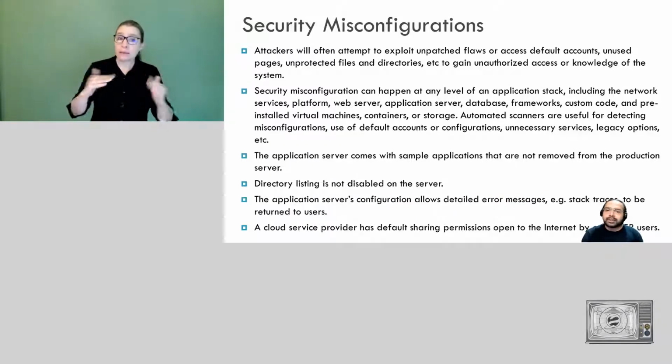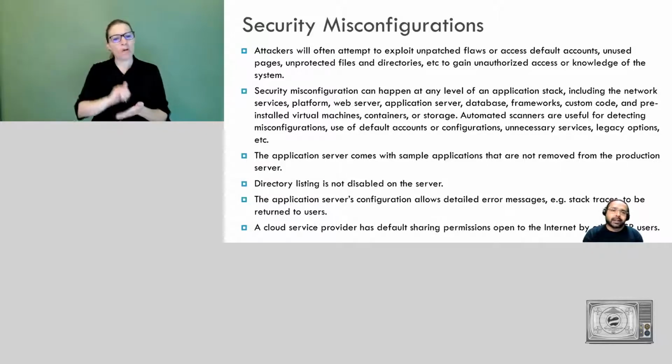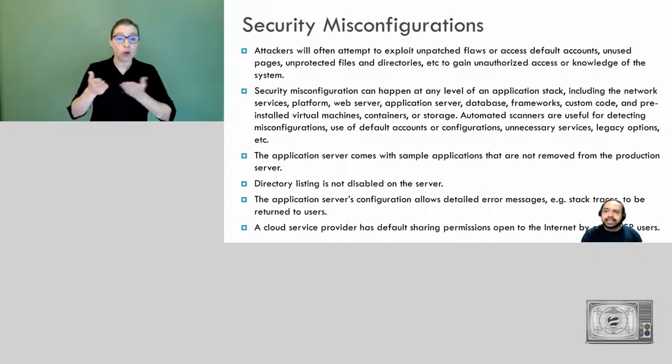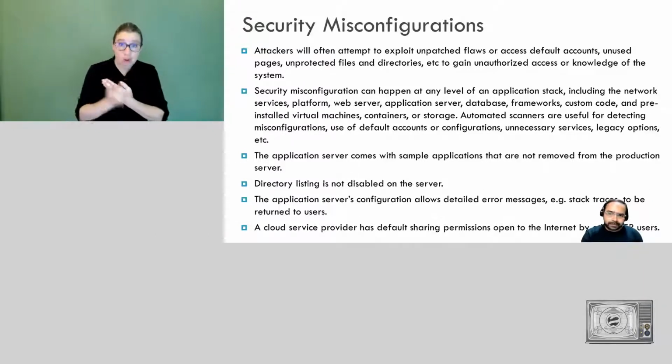The next is security misconfiguration. So this is very interesting. By default, we know that frameworks such as Django or Flask are secure by default. But what happens here is that they also have some default settings. When the application is shipped with the default configuration, then it becomes vulnerable.